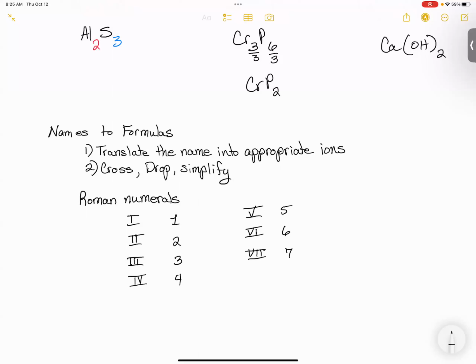I think there's one element out there that can go up to an 8, but I think it's only one element. So if I give you the Roman numeral, I am telling you what the charge is. So cations are one of two things. They're either going to be just the metal, which means it's got to be a constant charge all the time, or it's going to have the Roman numeral with the metal's name, which means I'm telling you the charge on that metal.